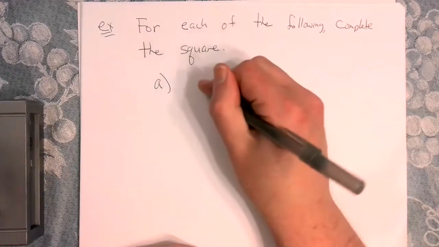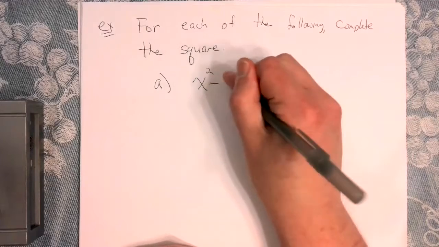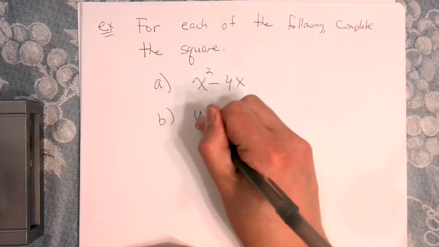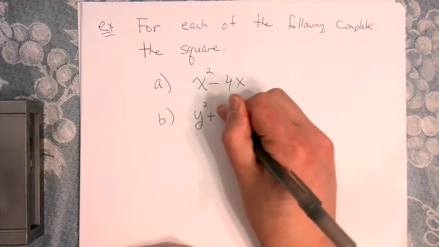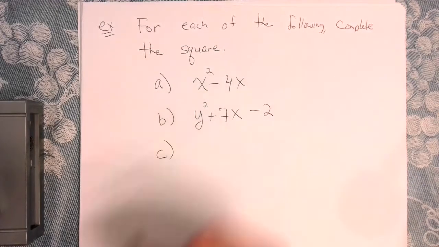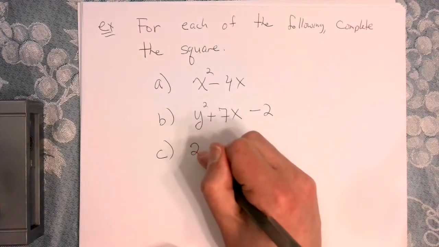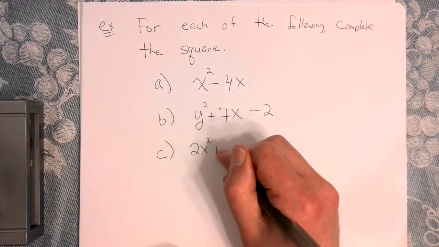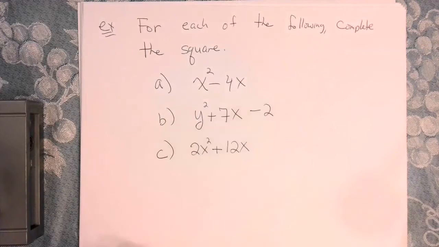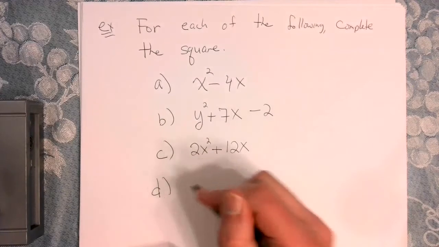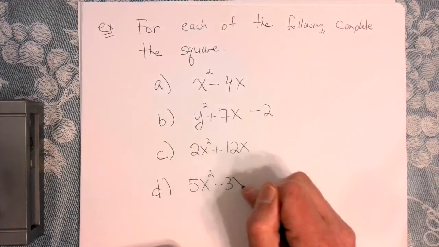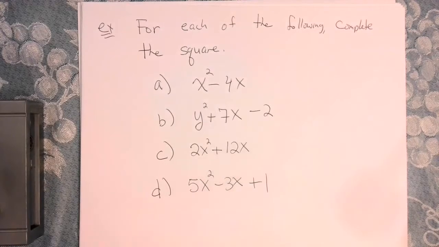For the first one, we've got x squared minus 4x. For the second one, we've got y squared plus 7x minus 2. For the third one, we've got 2x squared plus 12x. And for the last one, we have 5x squared minus 3x plus 1.